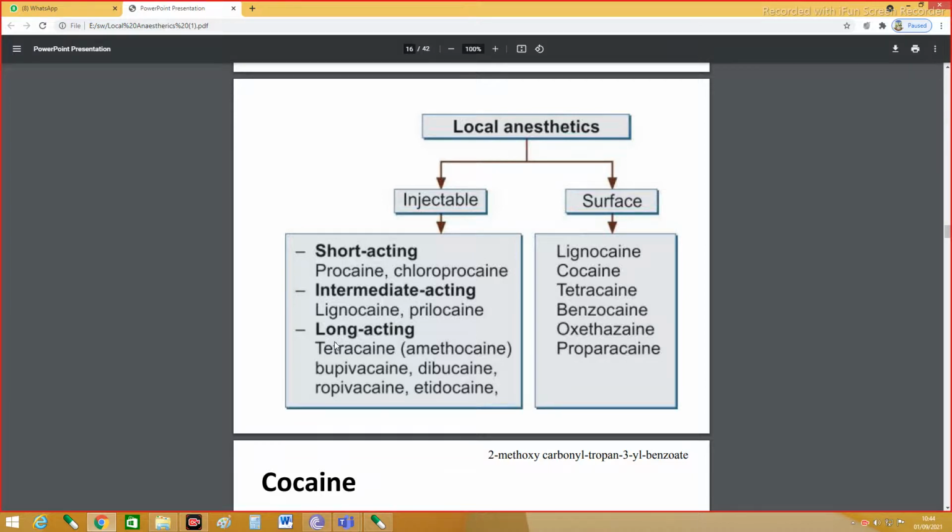For the long acting local anesthetics we have tetracaine, bupivacaine, dibucaine, ropivacaine, etidocaine. And for surface local anesthetics we consider lignocaine, cocaine, tetracaine, benzocaine, oxybuprocaine, and proparacaine. This is the pharmacological classification based on doses of drug, that is local anesthetics.